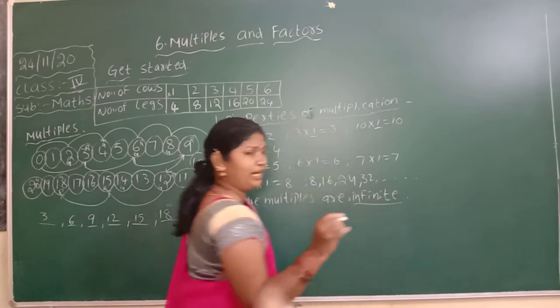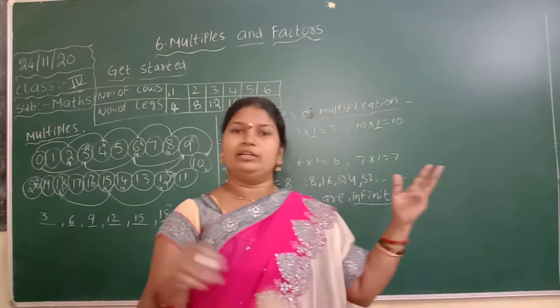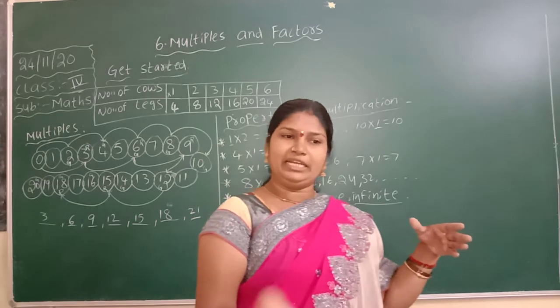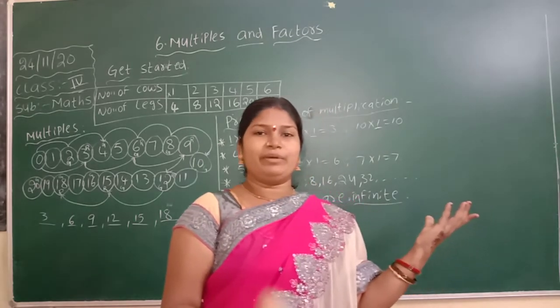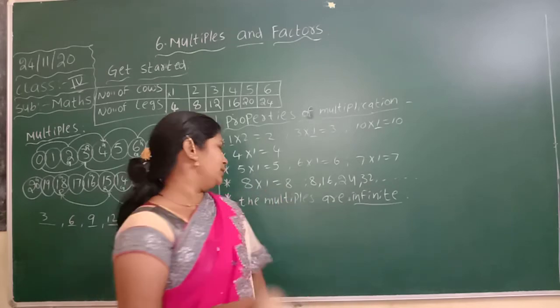Means there is no end point for multiples. If we take 22 threes, we will get 22 fours also, like that. If you multiply any number by the last number, we will get one more number also.